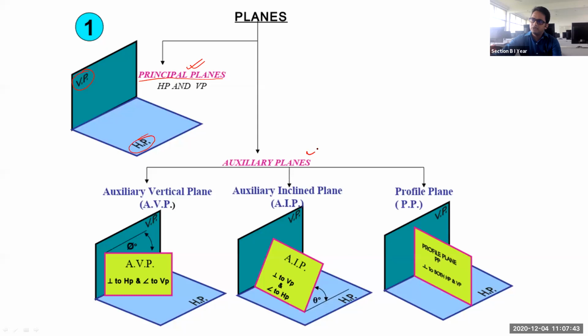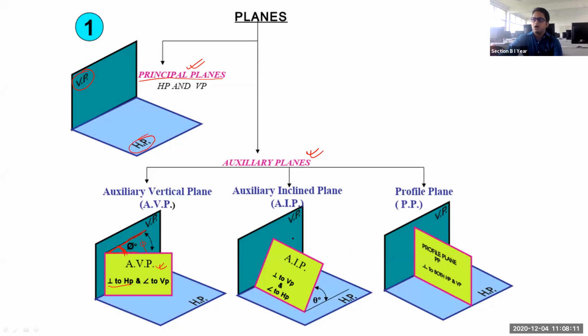After principal planes, we have also seen auxiliary planes. In auxiliary planes, we have seen the auxiliary vertical plane. Auxiliary vertical plane is perpendicular to the horizontal plane and it is inclined at some angle with your vertical plane, represented here with phi.